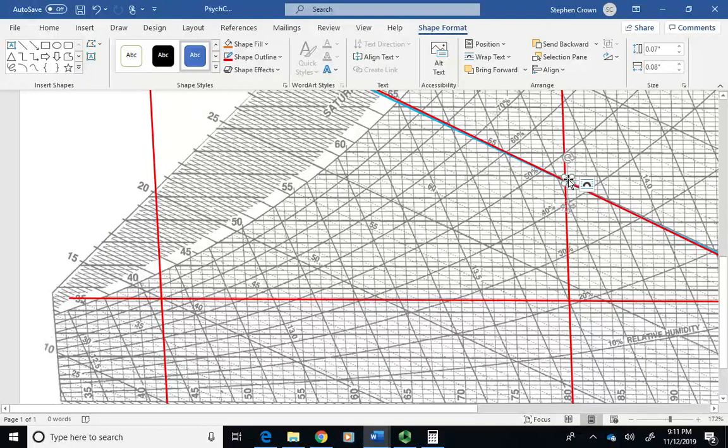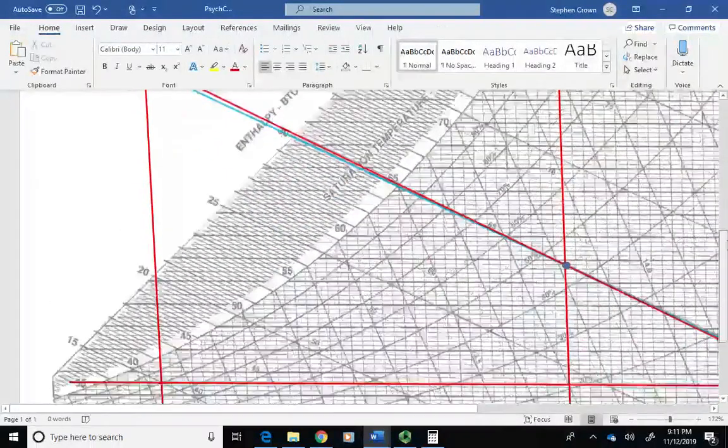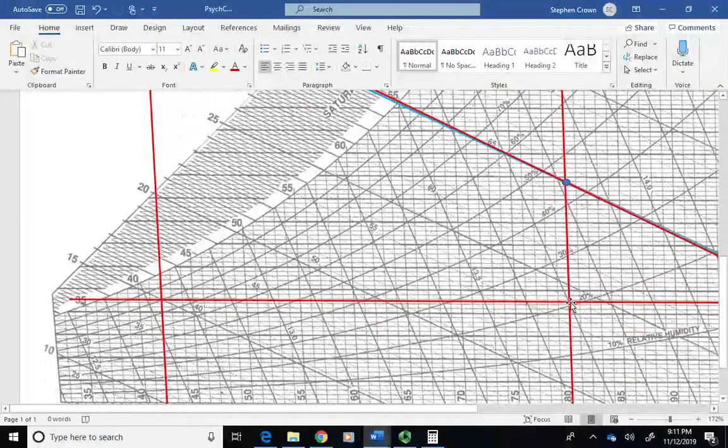Don't really want to make it real big because then I can't see, but okay, so that's one of my states. That's my second state. This intersection is the humidity ratio of state 2, but this is state 3 here.